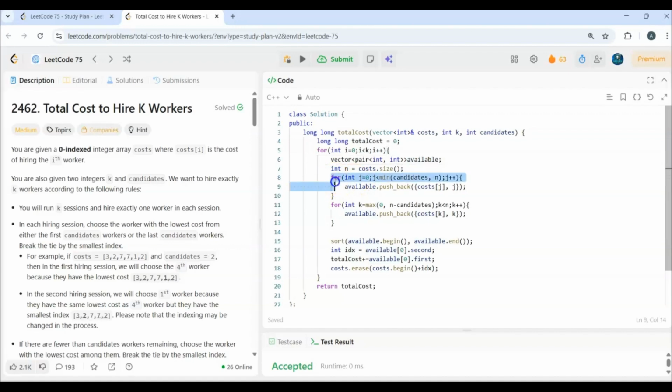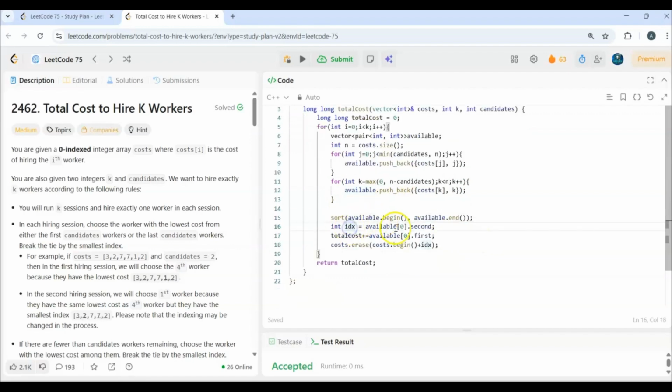I'm pushing all the values, that is starting from 0 to candidates value, and again from n minus candidates to n. So instead of creating two different vectors, I tried to push all these values inside a single available vector. So after pushing these values, I'll sort this available vector, and finally after sorting it, the smallest value would be present at the starting index.